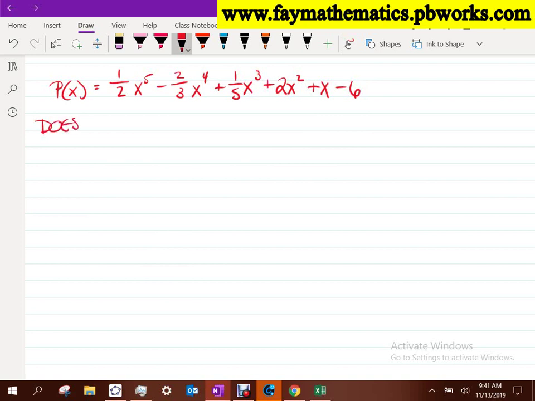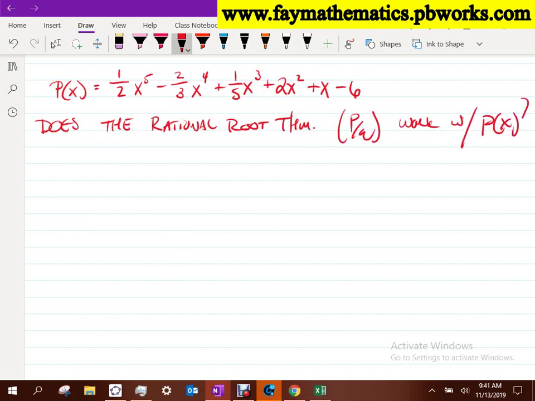Does the rational root theorem, which remember is our P over Q stuff, work with this P of X?